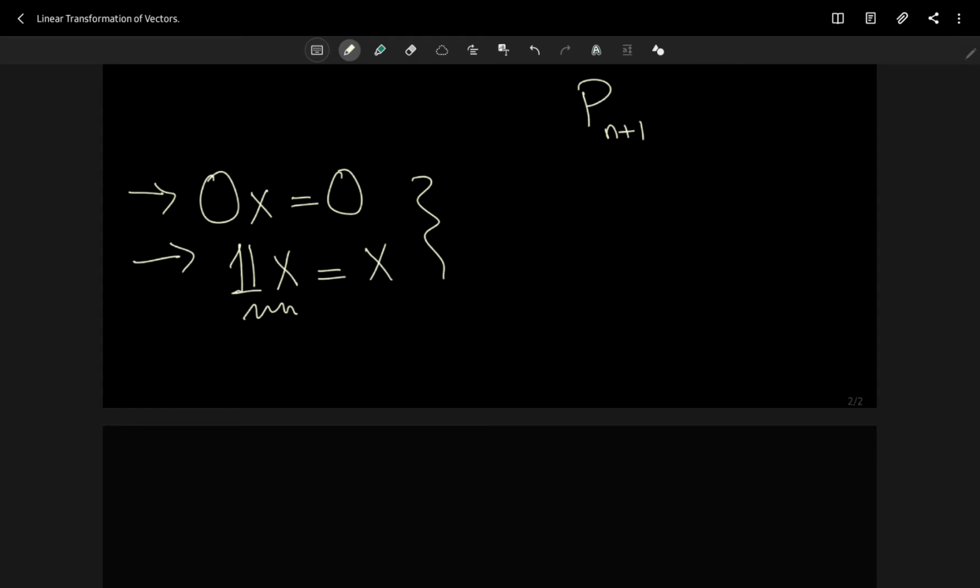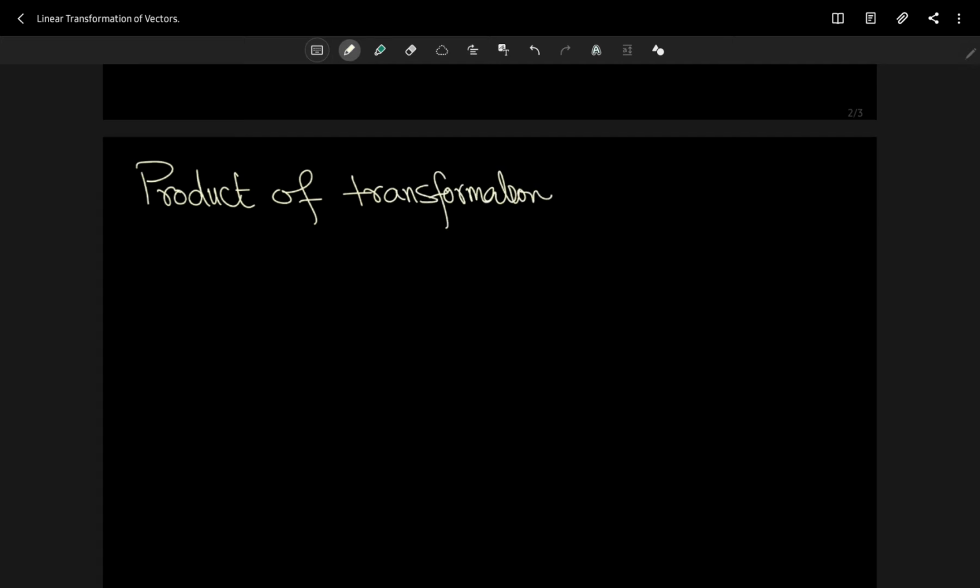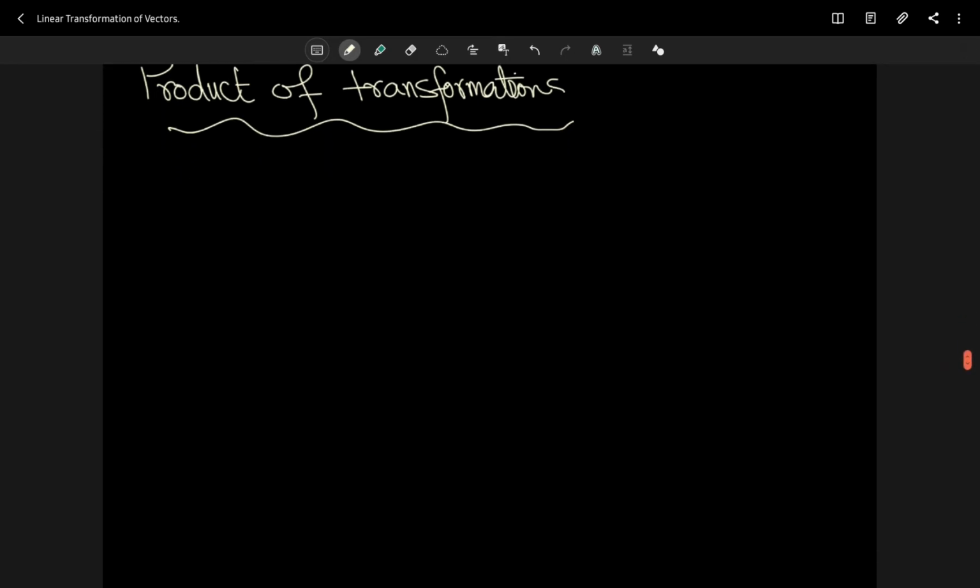Okay, now we could also talk about the product of transformations. Let me just write this down: product of transformations. Well, the product of transformations enjoys a host of properties, and we could list them down.